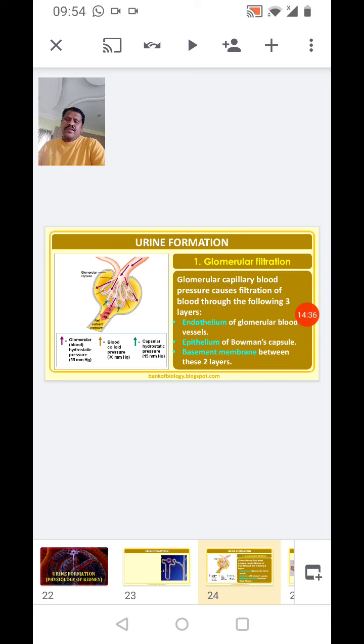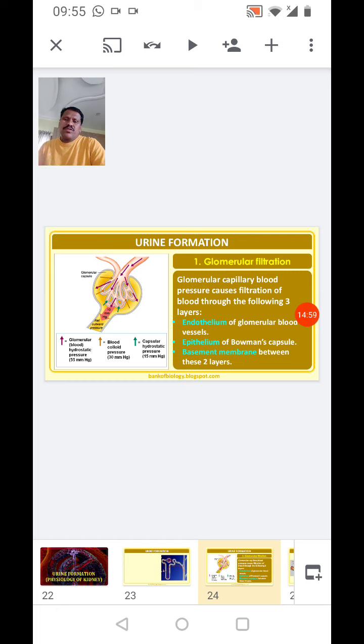Among the cells of the endothelium of glomerular capillaries, minute pores are present, known as fenestrations. In the same way, the wall of Bowman's capsule is made up of special cells known as podocytes.